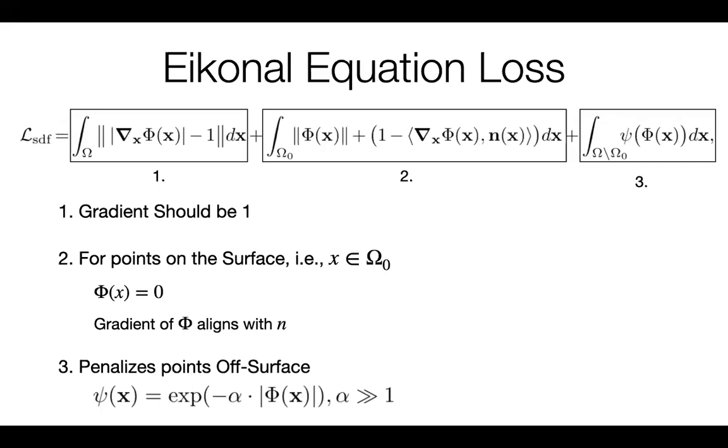And finally, we want to penalize points that are off the surface for having a value equal to 0. So this third term is for all the points that are not on the set omega 0, which are going to be subject to this expression that penalizes them. Okay, so here we're considering for the first term the whole domain, the second term just the surface, and the third term the complement of the surface, right?